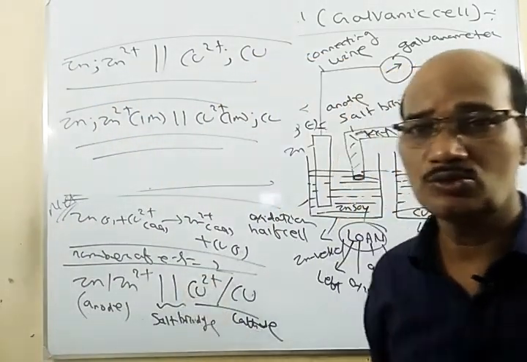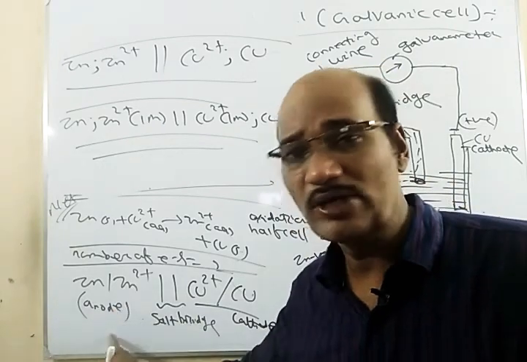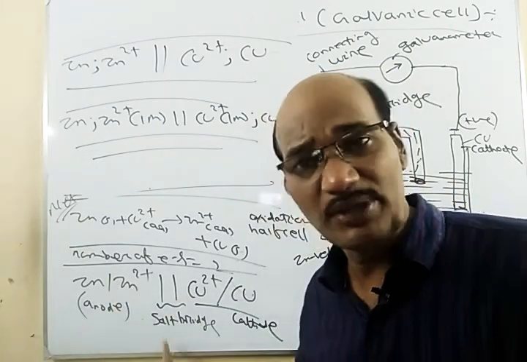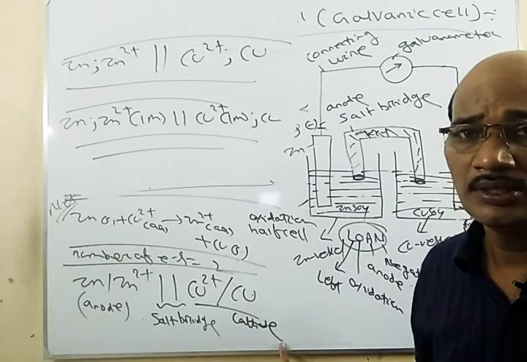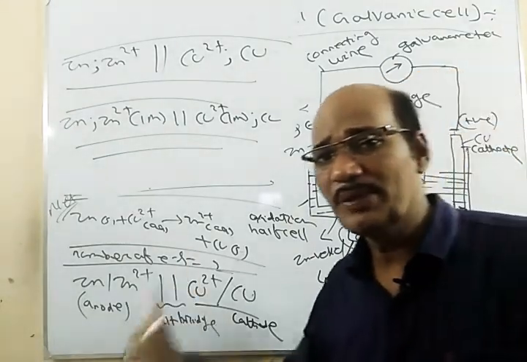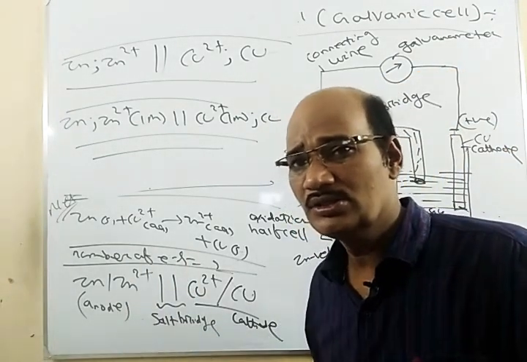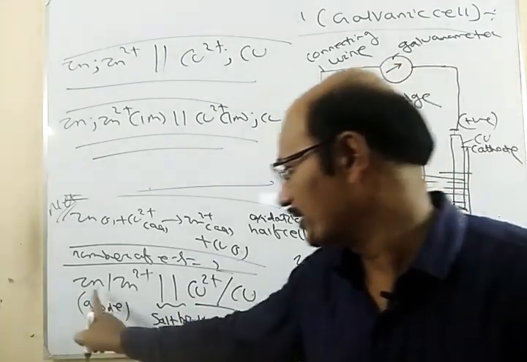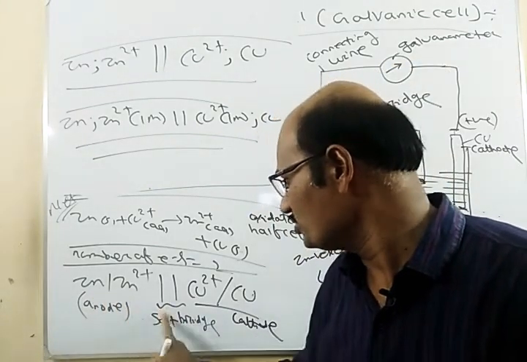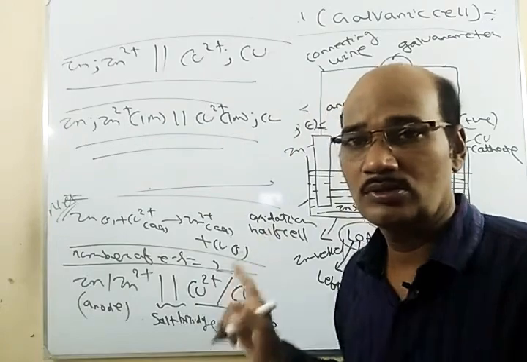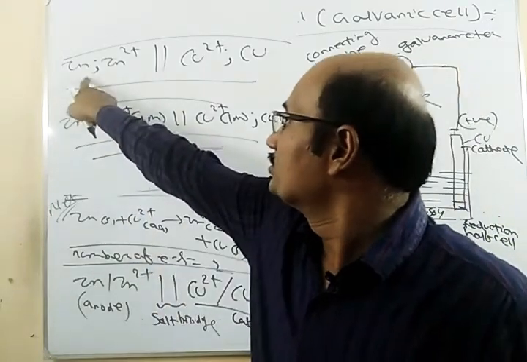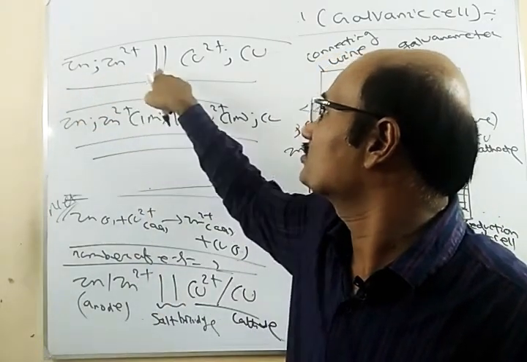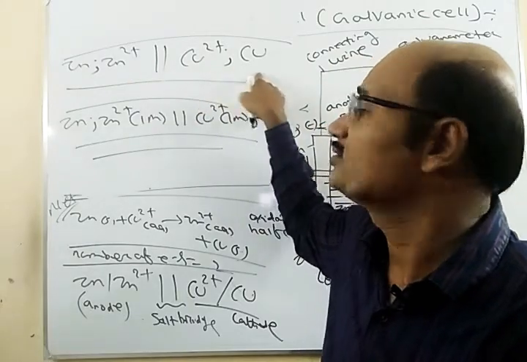These are called cell notations. How can we represent? First we write the anode, then the salt bridge, then the cathode. The anode is always on the left hand side, then the salt bridge, then the cathode. Zn | Zn2+ anode, salt bridge, Cu2+ | Cu cathode.